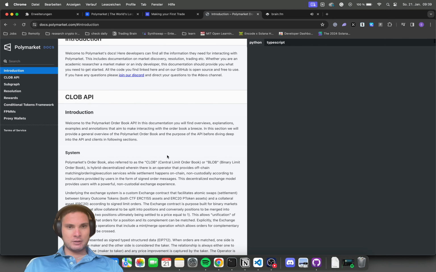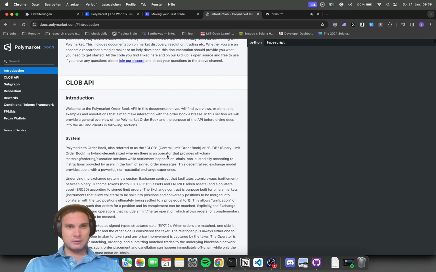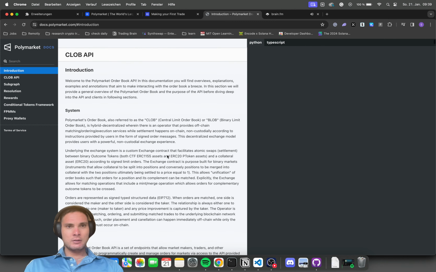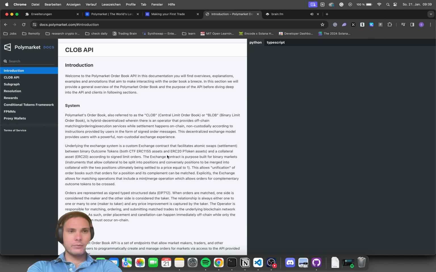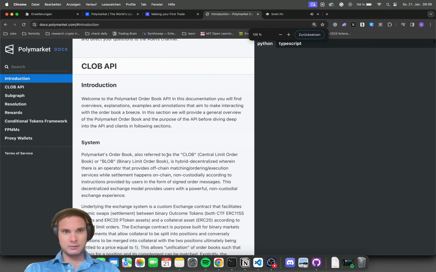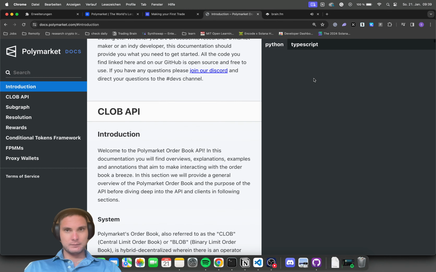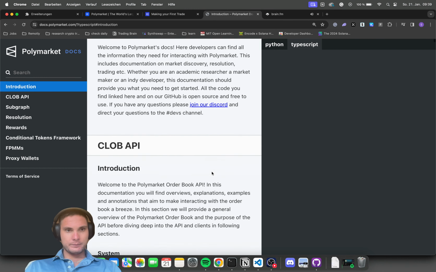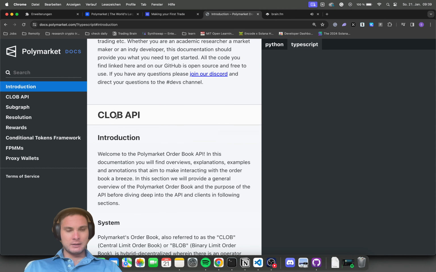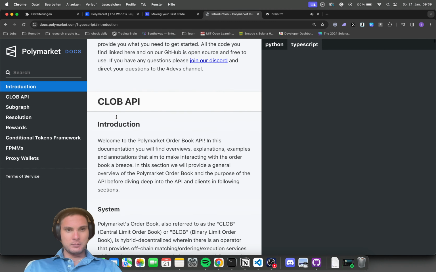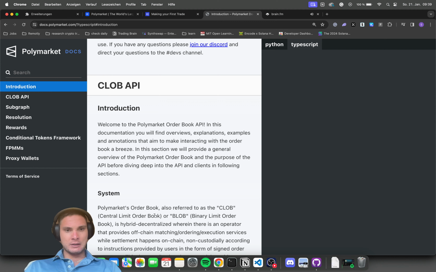Okay, this is probably the CLOB API, which means central limit order book. Okay.